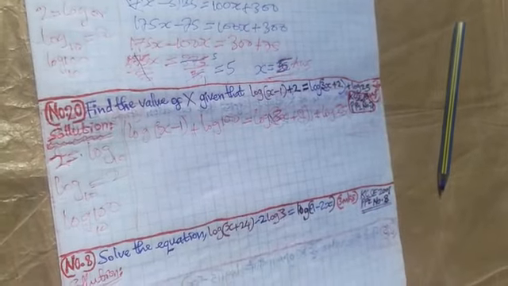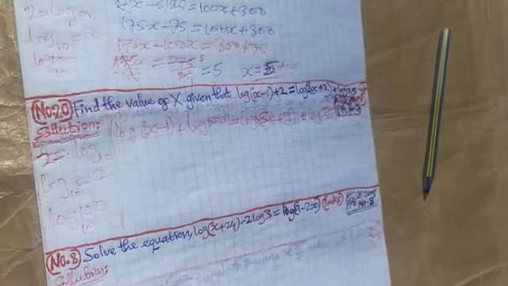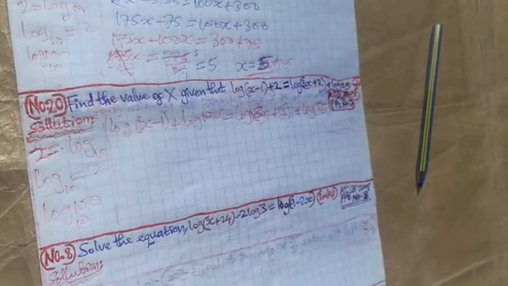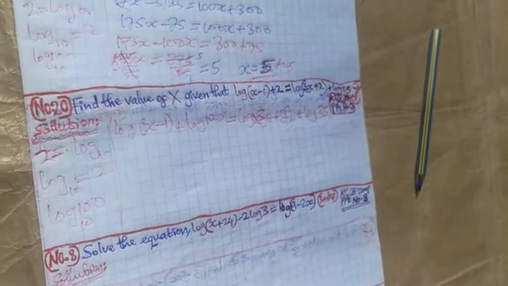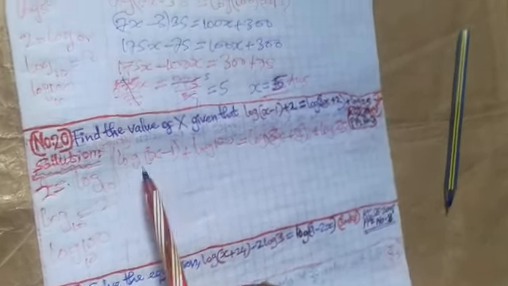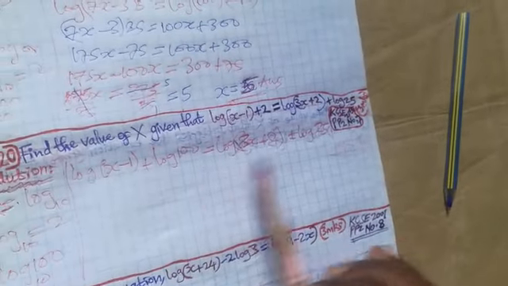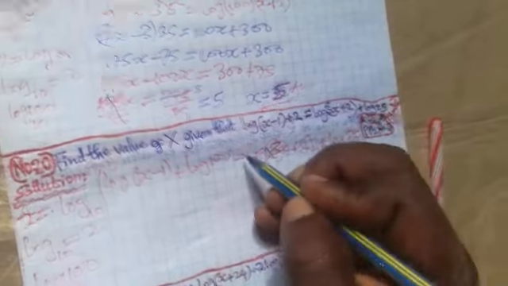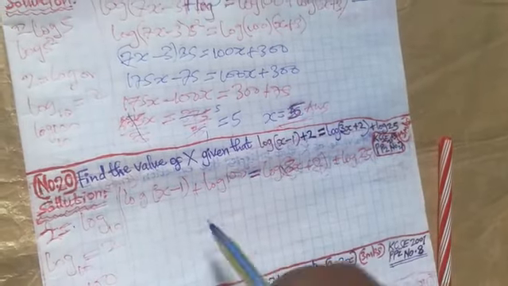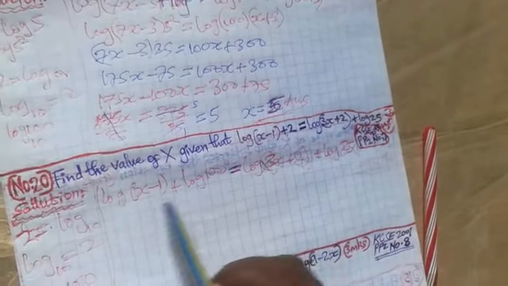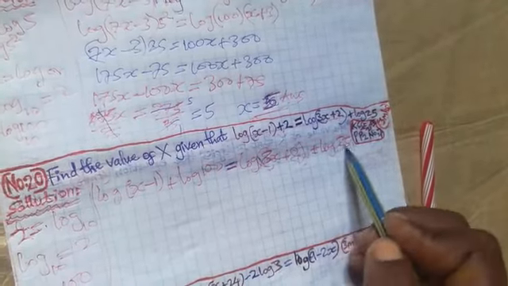Since we are adding two logs in both sides of the equation, I mean these are two logs and these are two logs, with the equal sign in between.